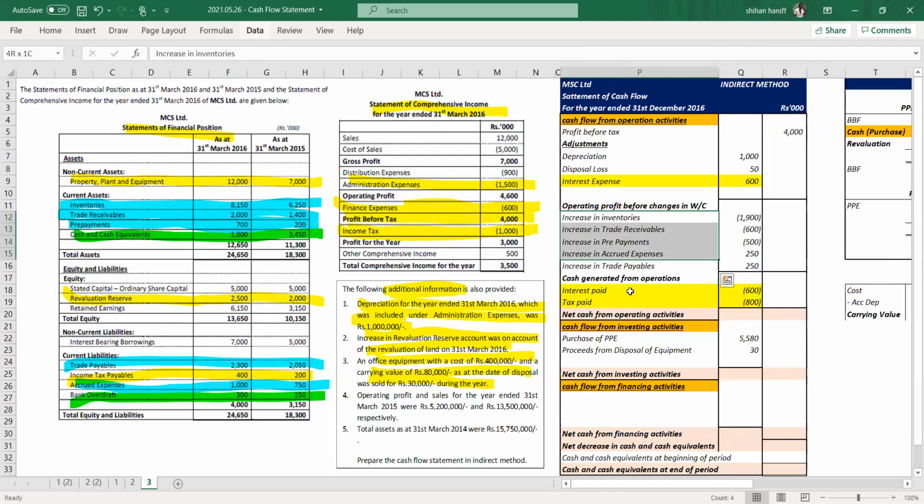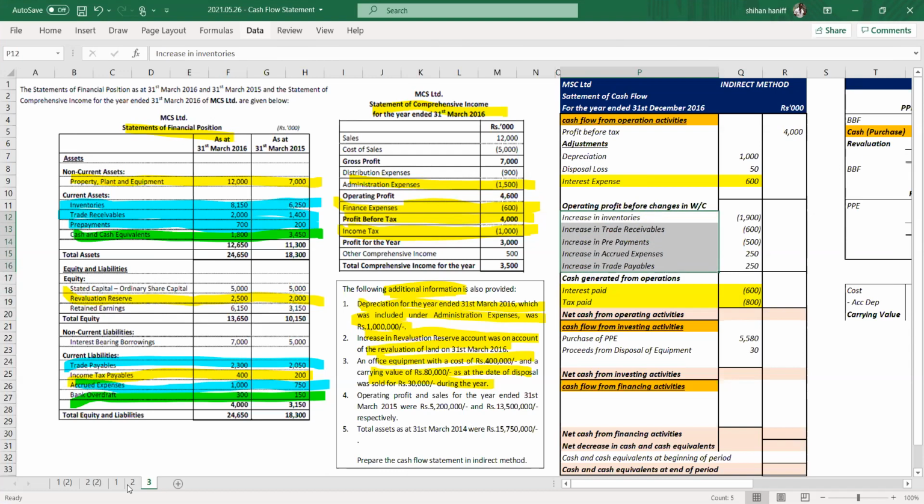We didn't take interest and tax because interest and tax we have to show separately. That's why we didn't take them here. All other expenses and income we have to take. But as for share capital, there is no change.